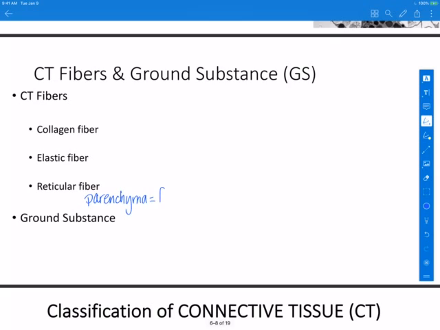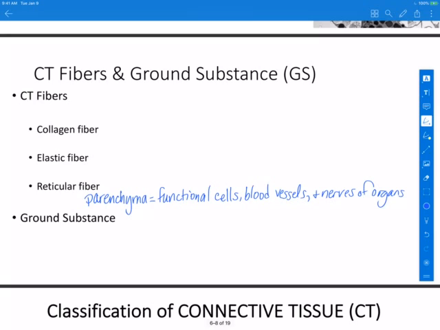And parenchyma can be described as basically the functional cells, blood vessels, and nerves of organs. So, reticular fibers provide this basic scaffolding or skeleton of support for soft tissues within organs.